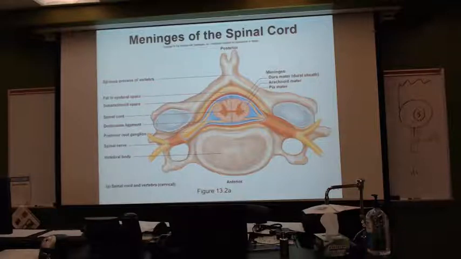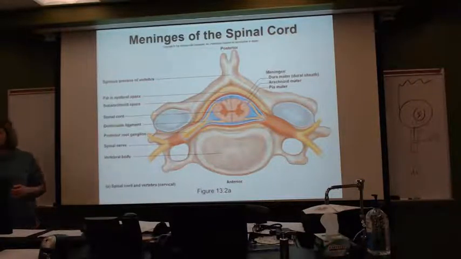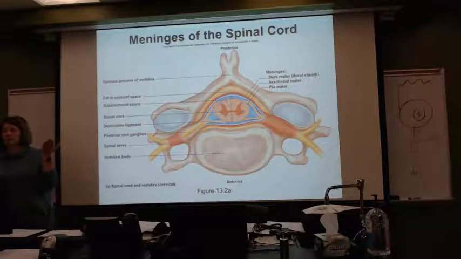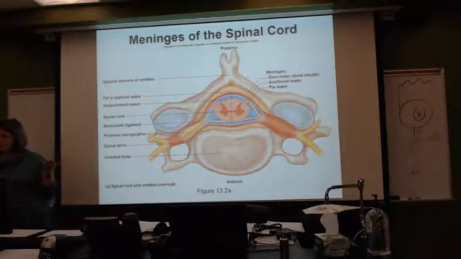The anterior with the white matter. So that's going to become a little important to us, because remember, we have to send information up the spinal cord and we have to get responses down the spinal cord.